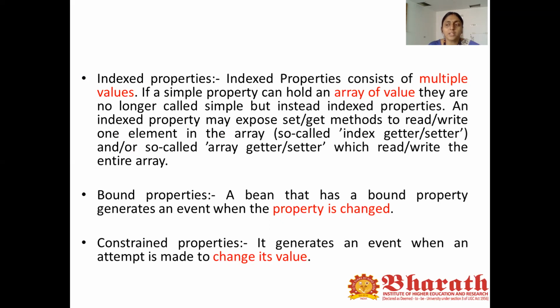An indexed property may expose set or get methods to read or write one element in the array. That is, an index getter or setter to get or set the property, or a so-called array getter or setter, which reads or writes the entire array.